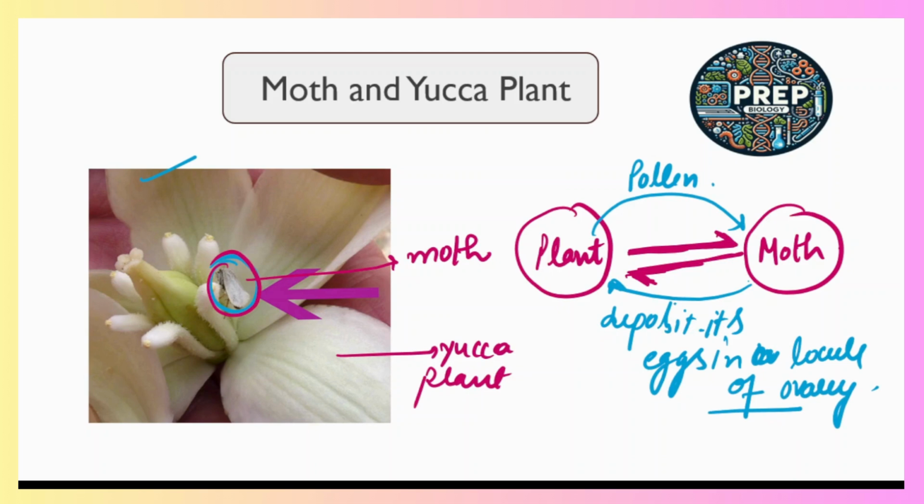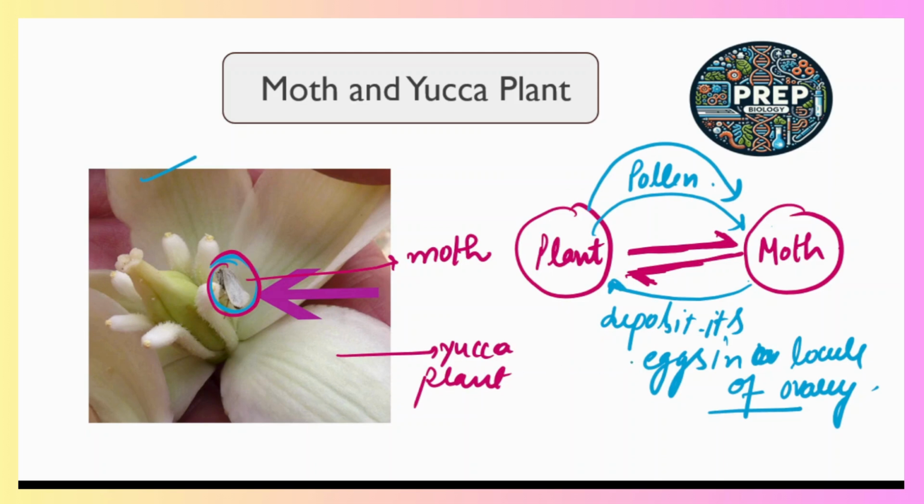So this is the example of how plants help to deposit the moth's eggs in the locule of the ovary. In return, the moth takes the pollen from one plant to another plant.